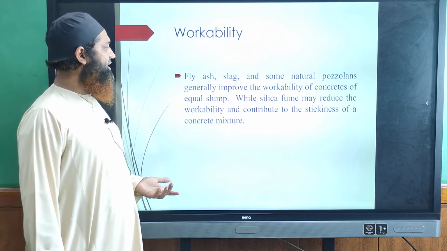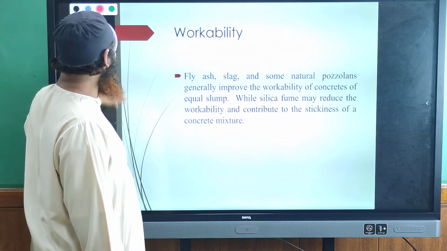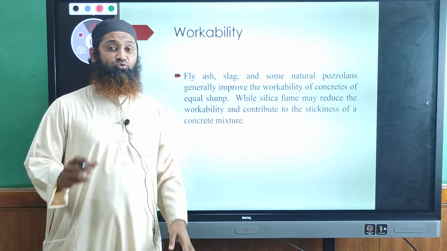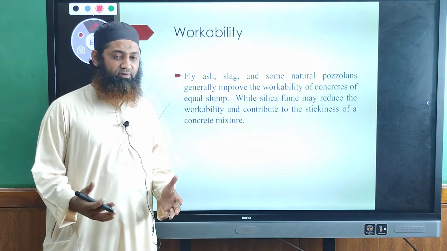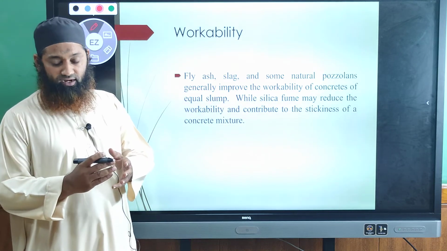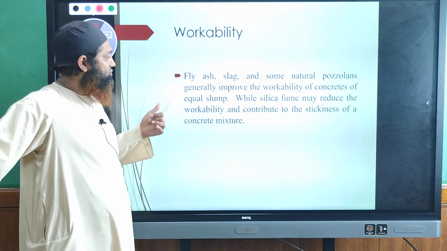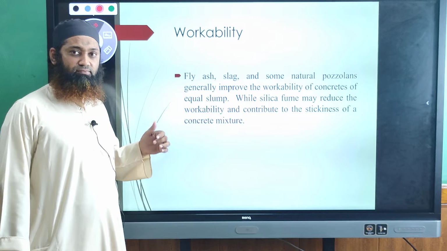Let us see the workability. Workability is the ease with which we can mix the concrete, place it and spread it. We have mixed different materials, but the concrete should not be in a condition where it can't be mixed easily or can't be placed easily. So this problem also has to be seen. Let us see how they act in terms of workability.